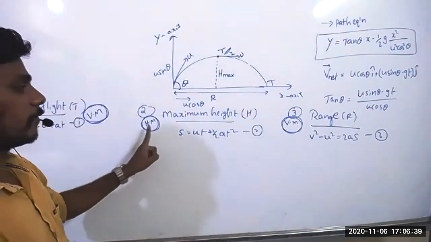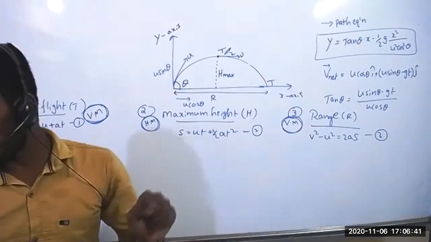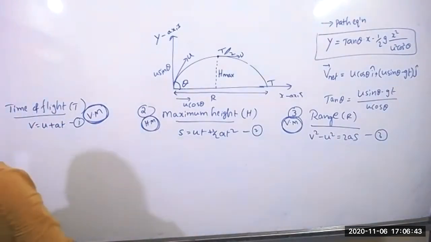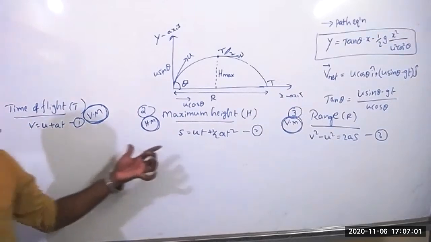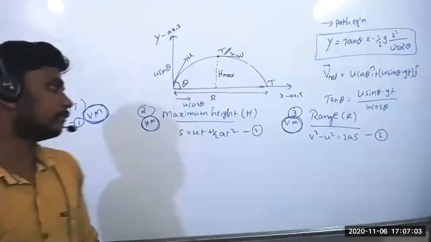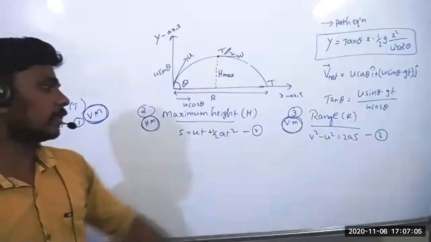Second equation I am taking for horizontal motion. When I am talking about horizontal motion, what components do I have to discuss? U cos theta. Yes, only horizontal components I should discuss. I should not discuss anything about vertical. Understand clearly? Yes, sir. Vertical, horizontal, vertical, vertical, horizontal, vertical.